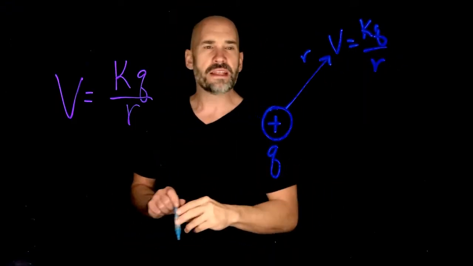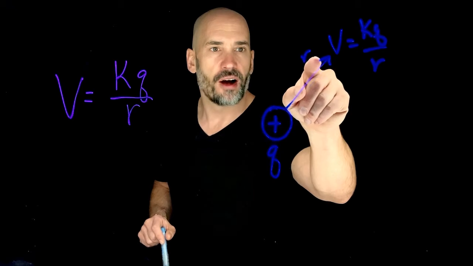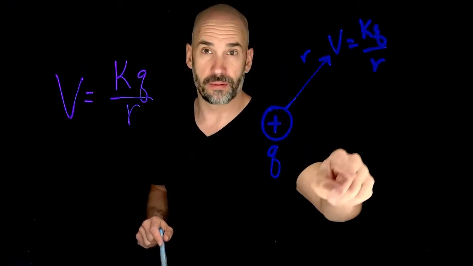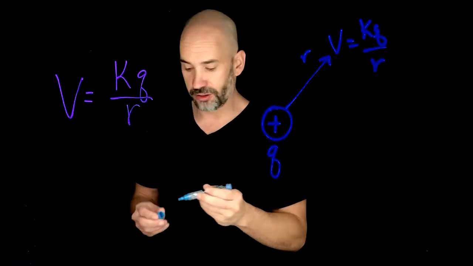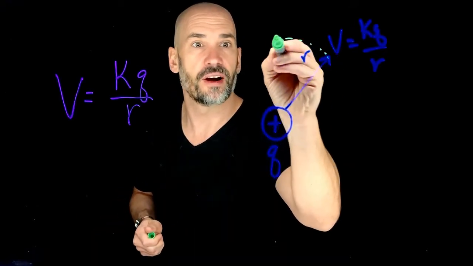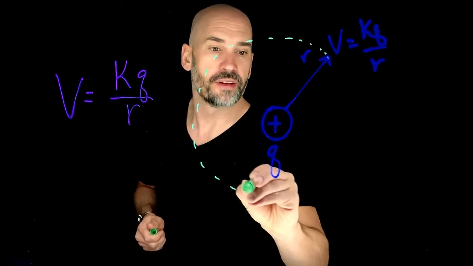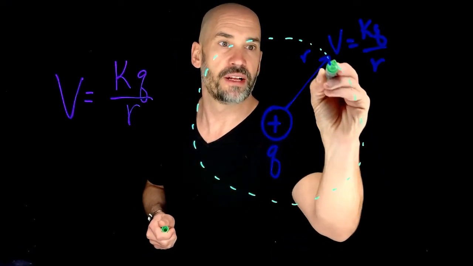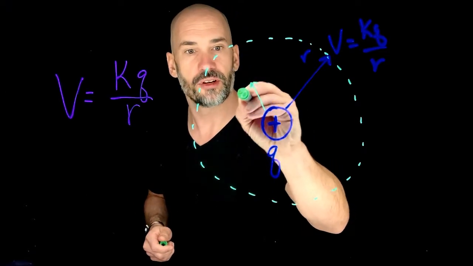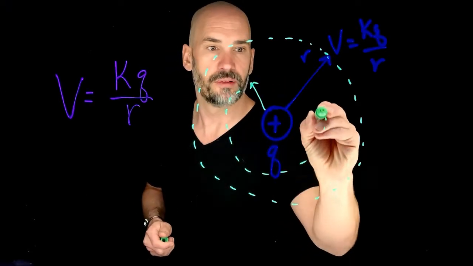Okay? That means that for every distance r, you're going to have one common potential all the way around. All right? So that'll look something like this. So at this distance r, at every point along this r over here, you're going to have one potential. Okay? At this distance r over here, you're going to have another potential, right?